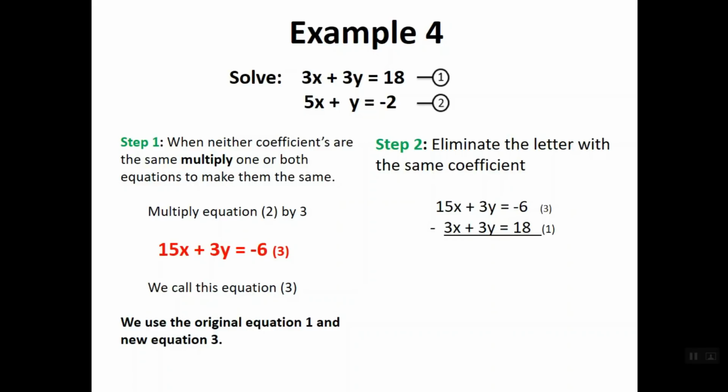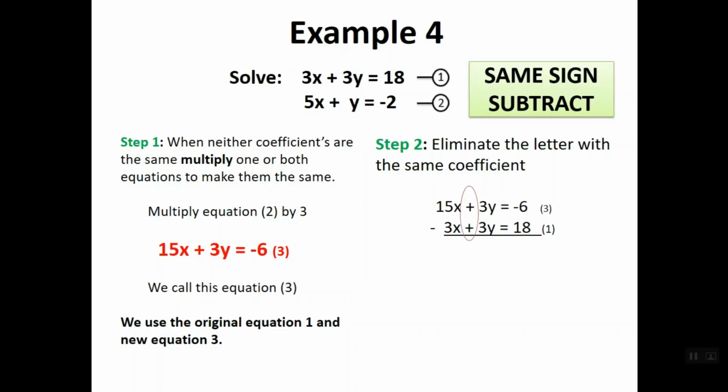So now I have 15x minus 3x, that will give me 12x. Again, 3y minus 3y, we agree, same sign, we will subtract, so that will give me 0, and now I have negative 6 minus 18, and that will give me a negative 24. So far I have 12x is equal to negative 24.